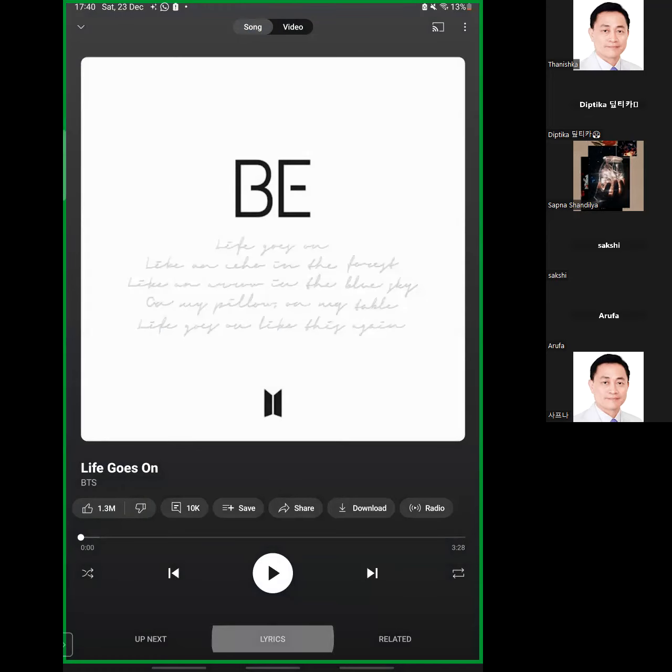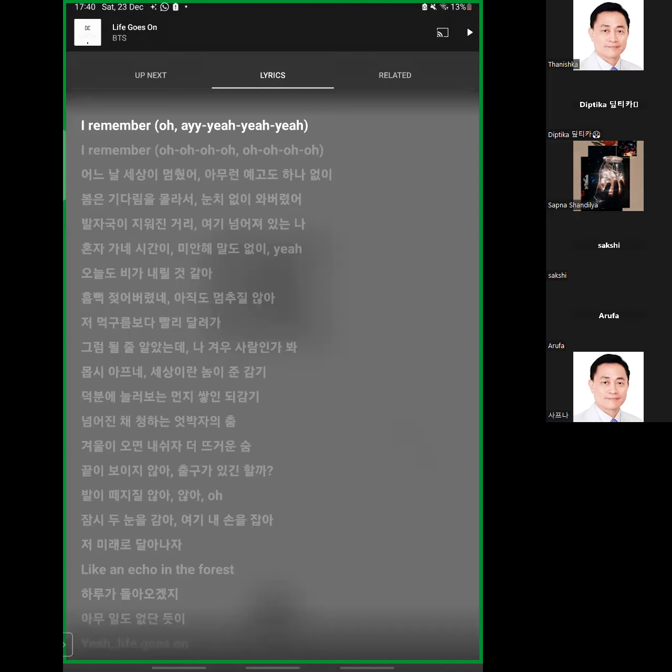Let me know if you're able to hear the song clearly. Is it okay? Are you able to hear it? Not clearly. Not clearly? Okay. Just let me know if you're able to hear. I'll play it once. Is it better now?